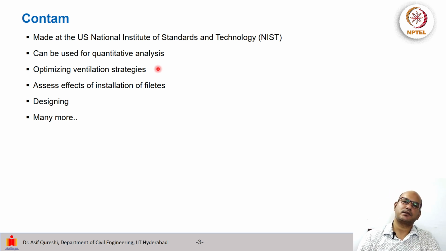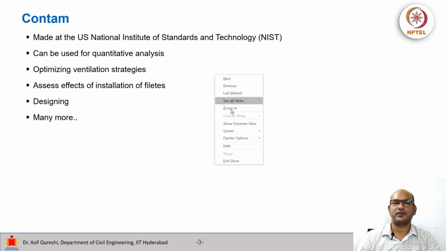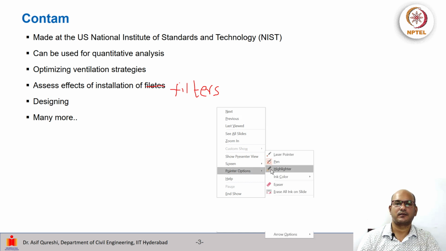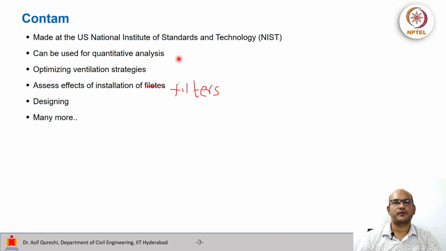It can be used to analyze different optimization strategies of ventilation. So it can be used for a lot of quantitative analysis, optimizing the ventilation strategies, that is, how can I modify my flow rates so that I achieve acceptable air quality.